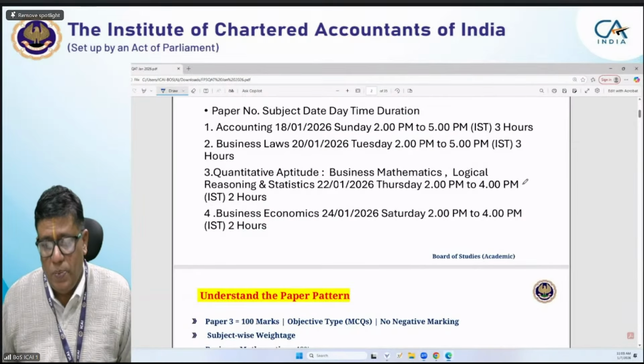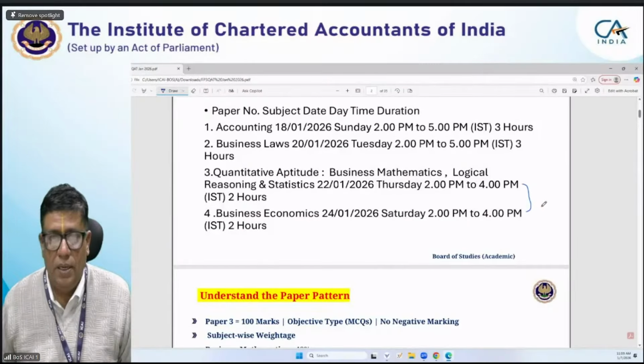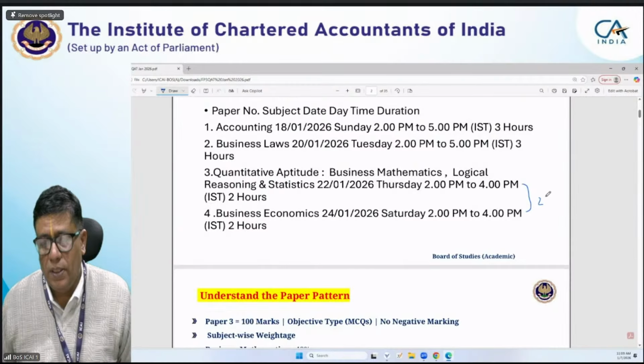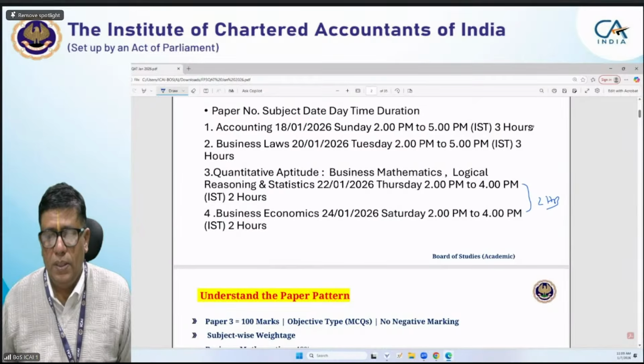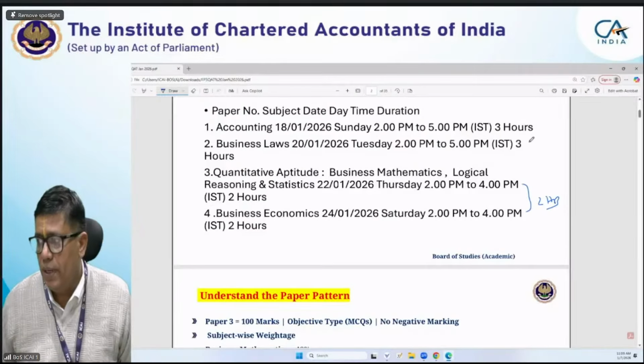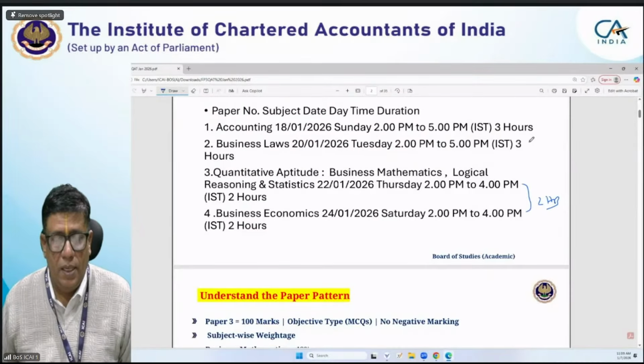If you look at Paper 3 and Paper 4, the timings are 2 to 4, and this is a 2 hours paper only, whereas Paper 1 and Paper 2 are 3 hours papers.